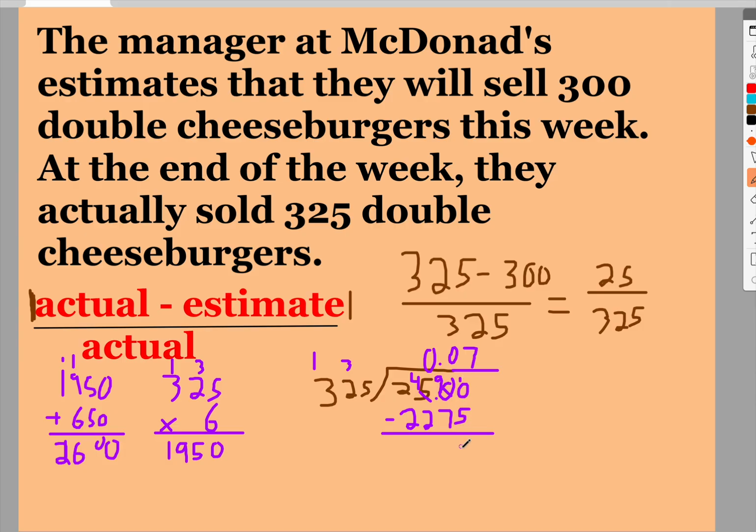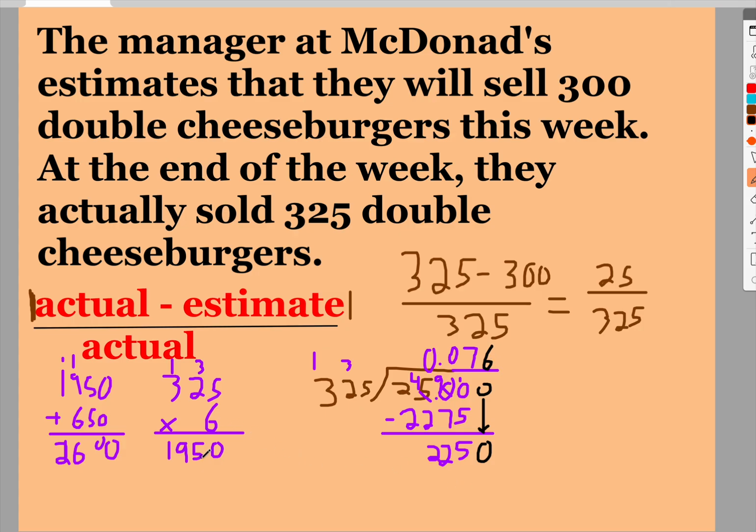This becomes a 10. 5, 2, 2, 0 here. So we need to drop down another 0. Now I'm looking at this and saying 7 times was 2275, and I've got 2250, so it's got to be 6 times now.